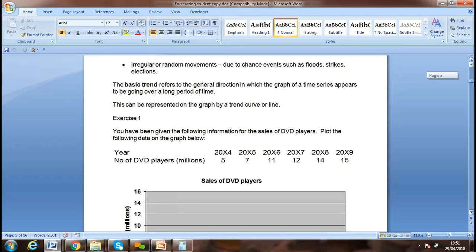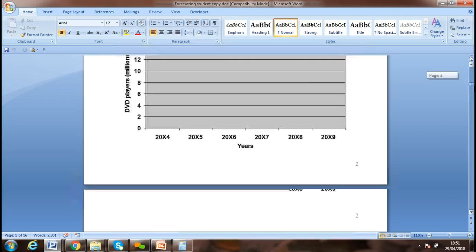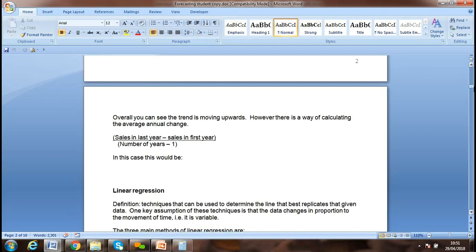Okay, so like we have a year, we have a number of DVD player sales. Whenever we need to find it, we need to go through the last year minus the number of years minus one. That's one of the formulas.